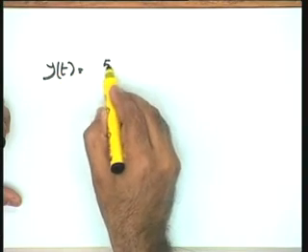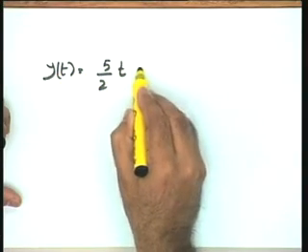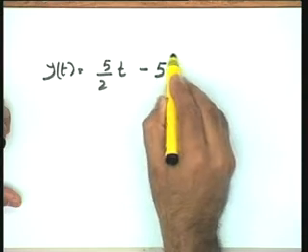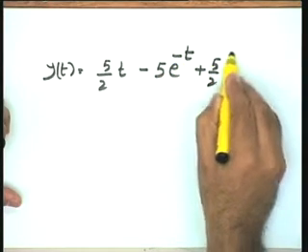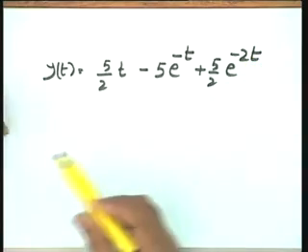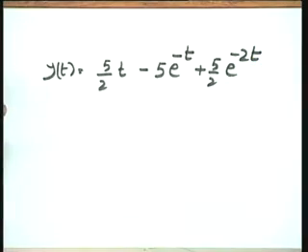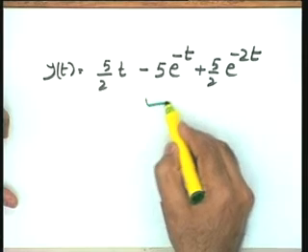This is equal to phi by 2 t minus 5 e to the power of minus t plus phi by 2 e to the power of minus 2t. Now, just see, let us just classify the terms over here. What are these terms?